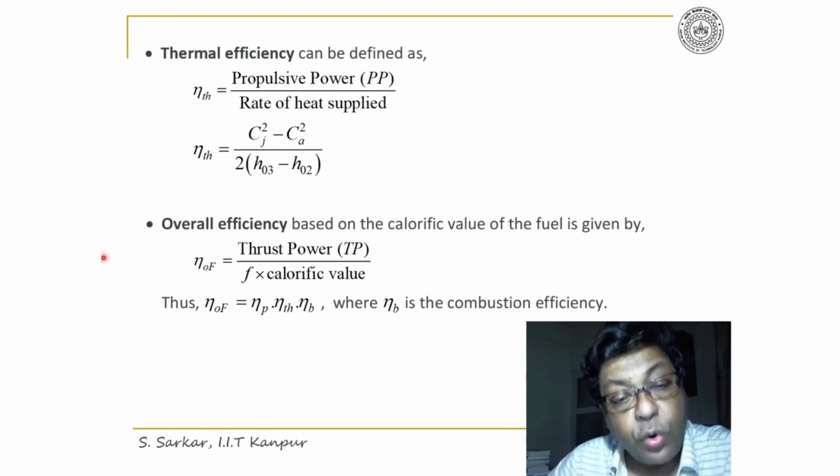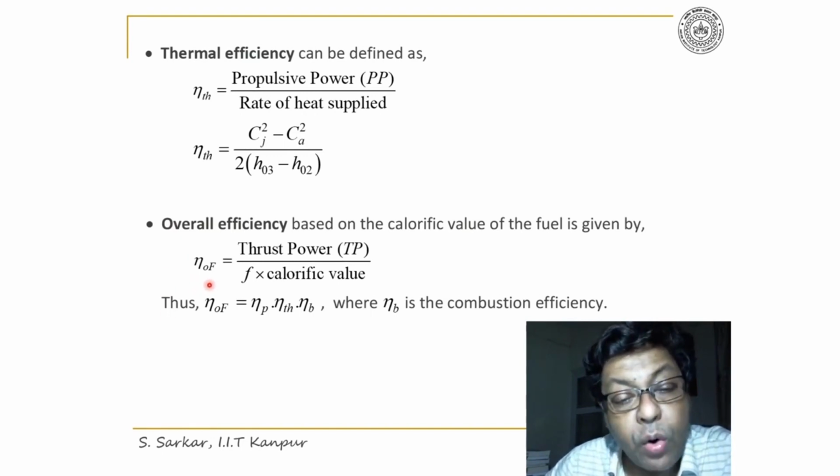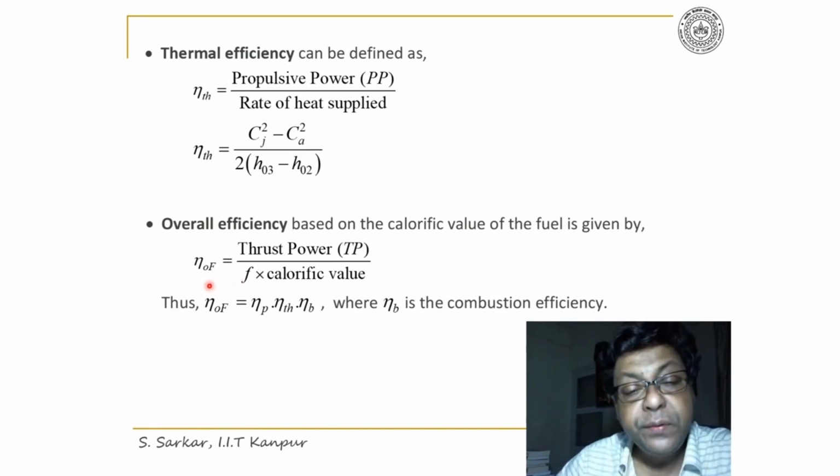Now, the overall efficiency based on the calorific value of the fuel can be assessed as eta OF is equal to thrust power divided by fuel air ratio into calorific value of the fuel.